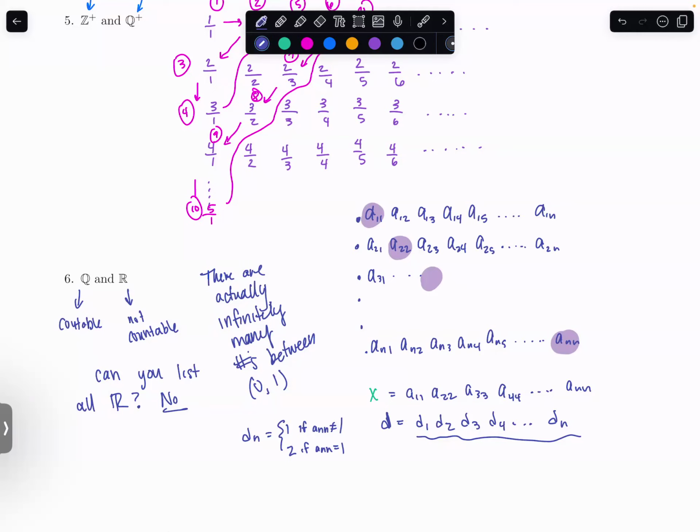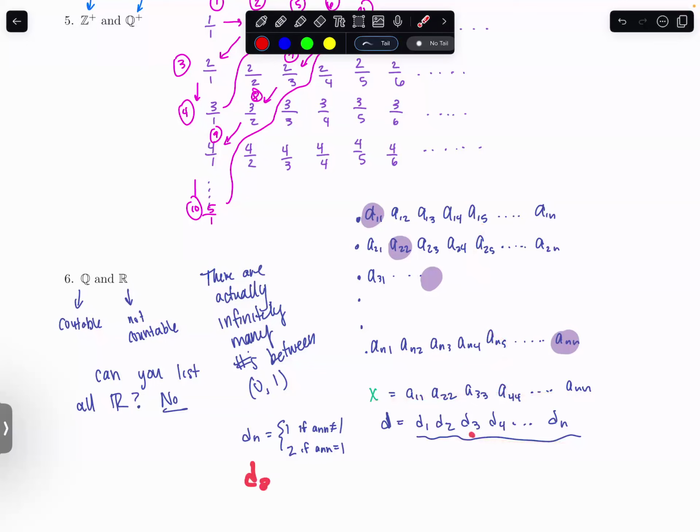So what this does is we have come up with a number that's not in the list. So in at least one spot, this number D is going to be different than anything in the list because we have changed that entry.